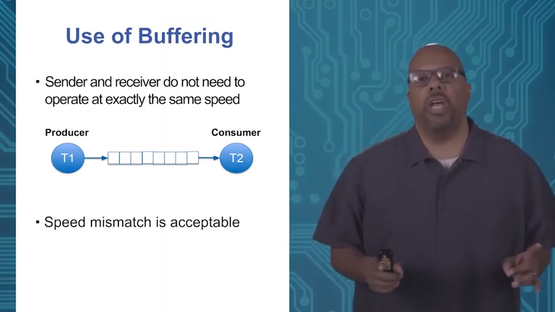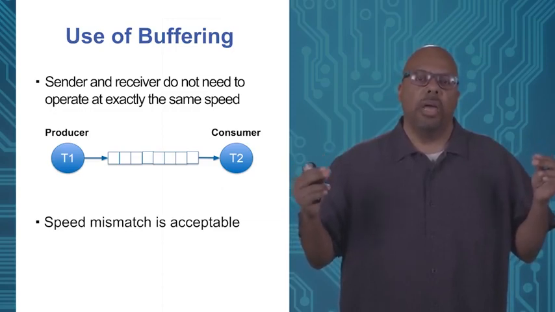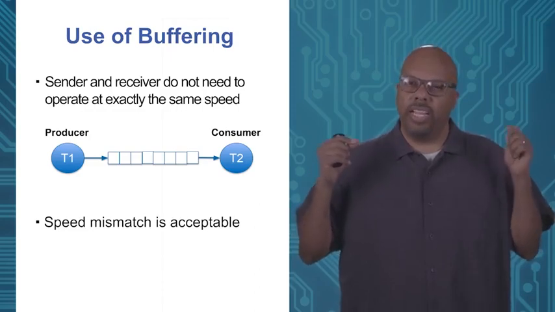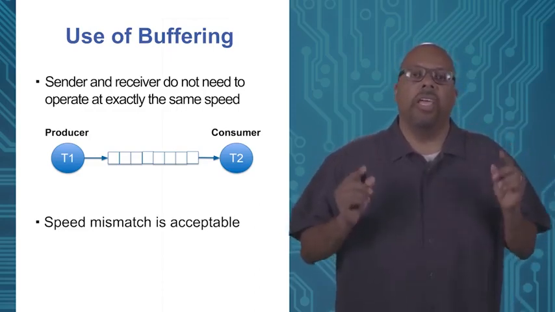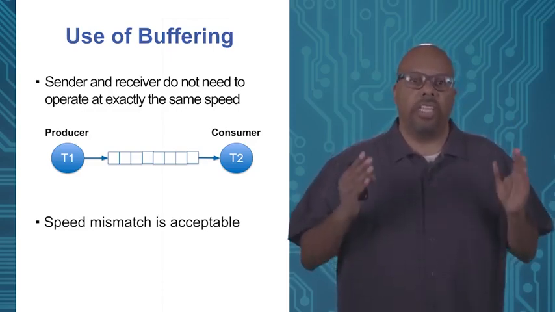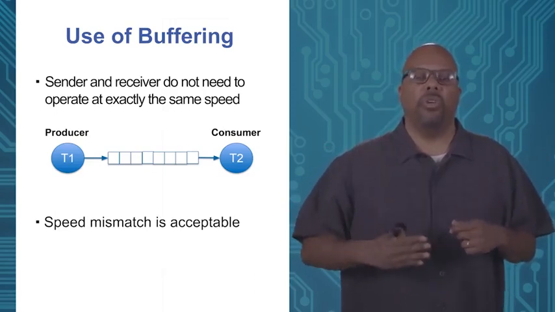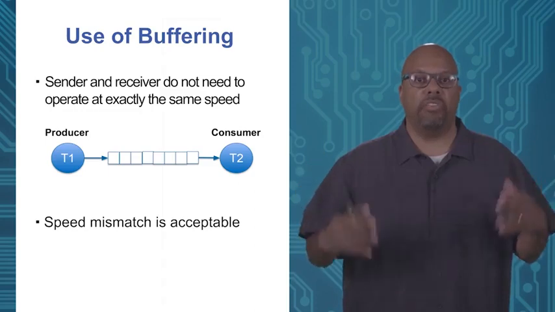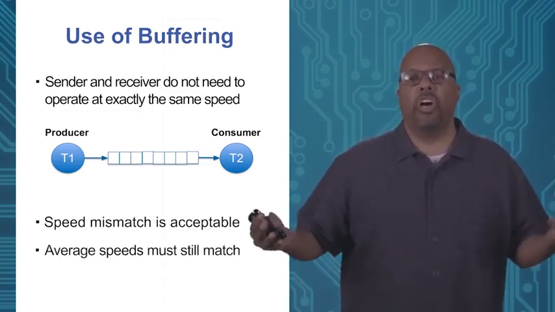But when the producer and the consumer, on average, are at the same speed, but sometimes speed up and slow down, which certainly happens in a lot of scenarios where they're not exactly in lockstep, then a buffer is really helpful. As long as you don't fill up the buffer, you can continue sending and receiving without having to block. But still, on average, the speeds have to match or else the buffer will overflow or become empty.